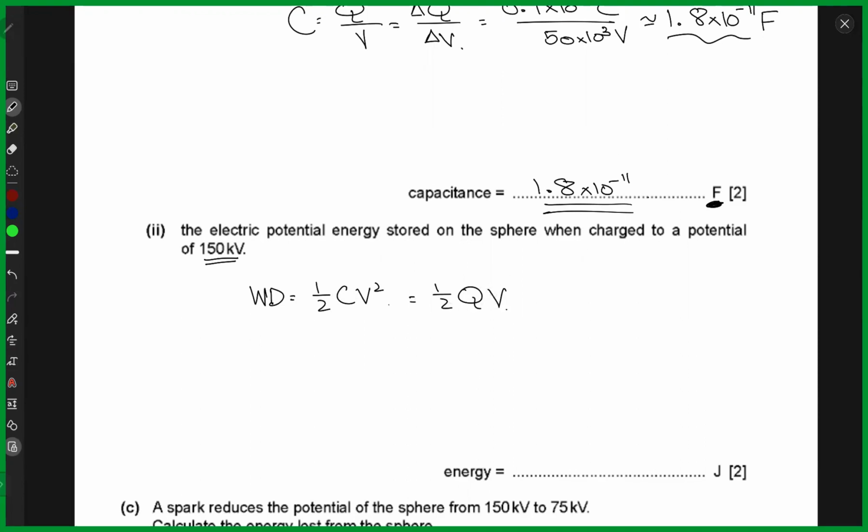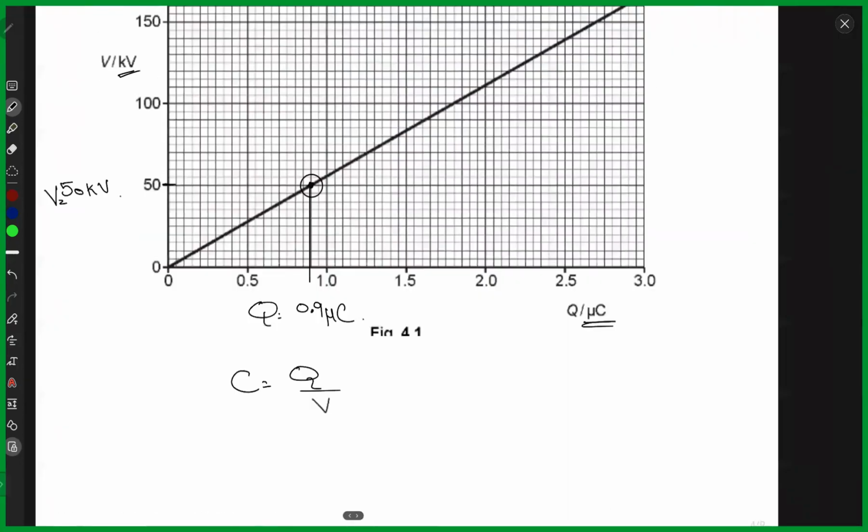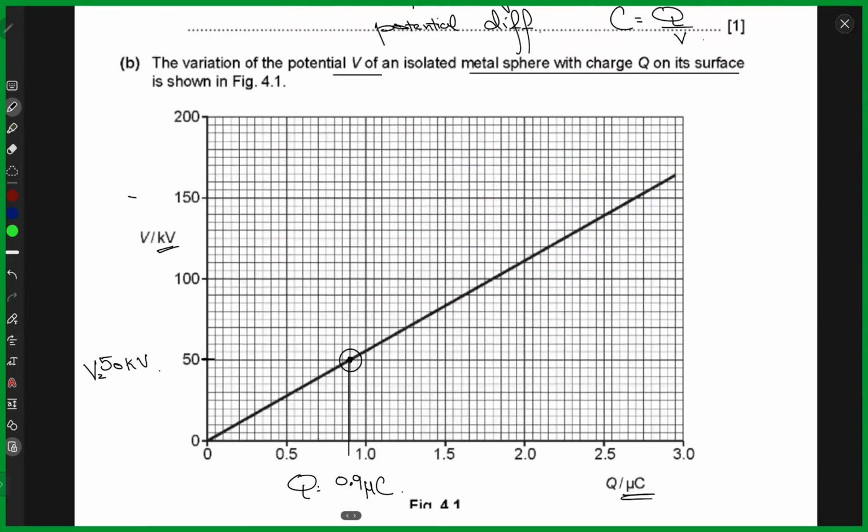I would just have to look at this value for potential. They're saying 150 kilovolts. So for 150 kilovolts in voltage, I'll see where this cuts this line, and whatever charge I get from here would be the value for charge.